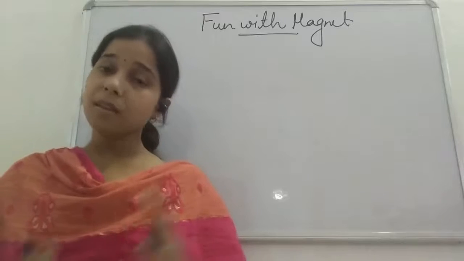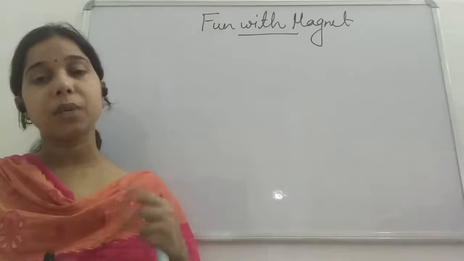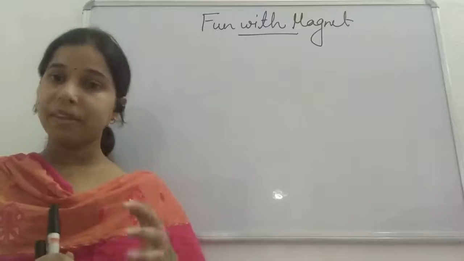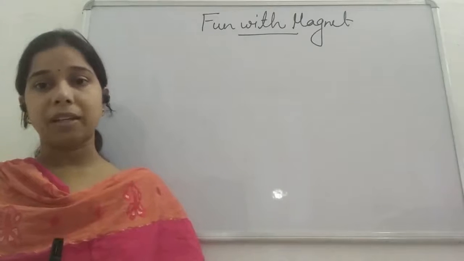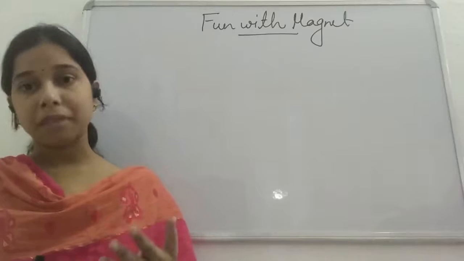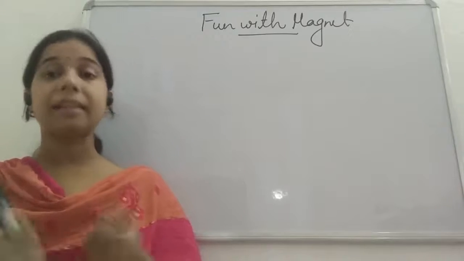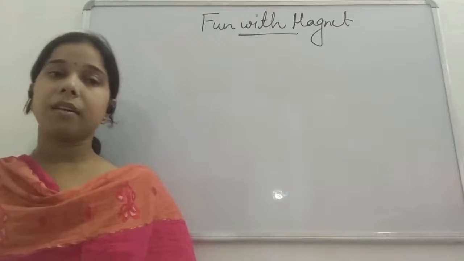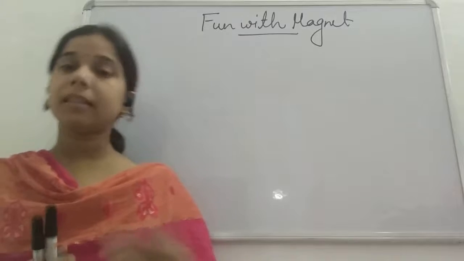When we are talking about the magnet, students, in the first property we said that this helps in giving the direction. Now, who will use this property very well? When the artificial magnet was not invented, or when there was no source of finding the direction, then this magnet was used for the direction itself.